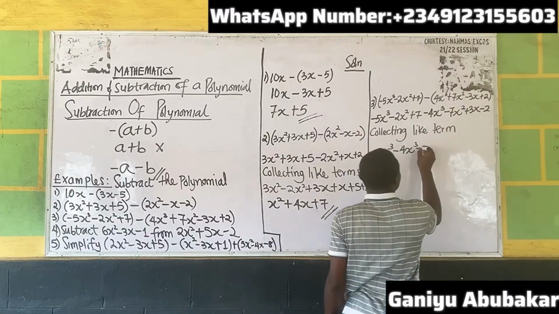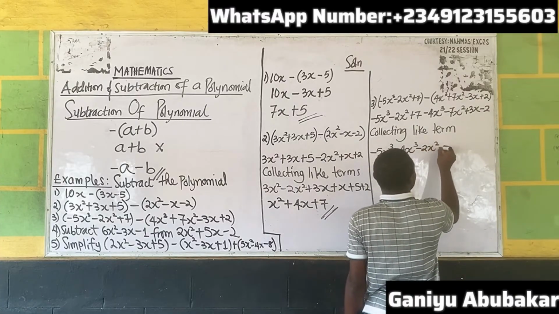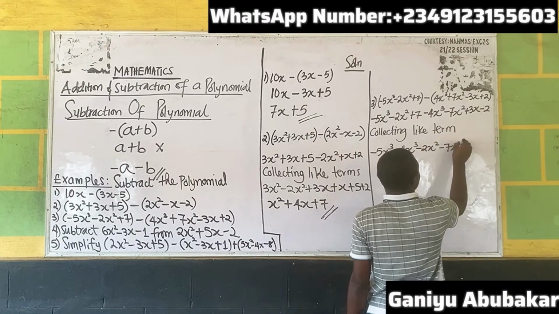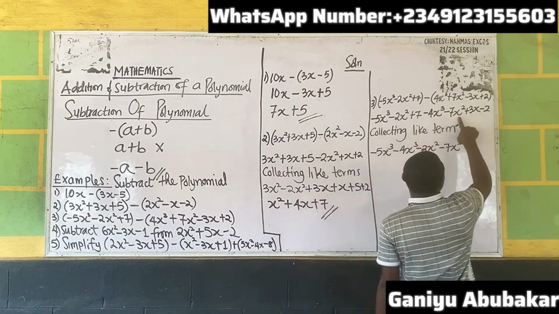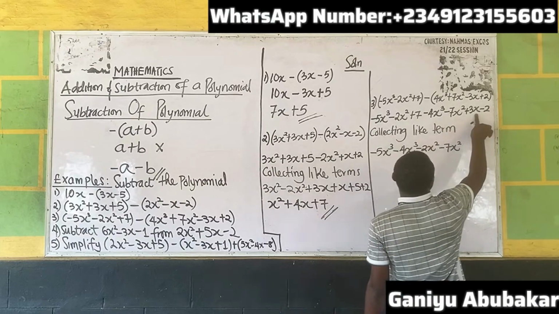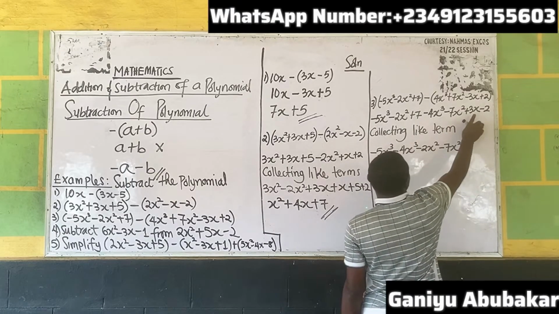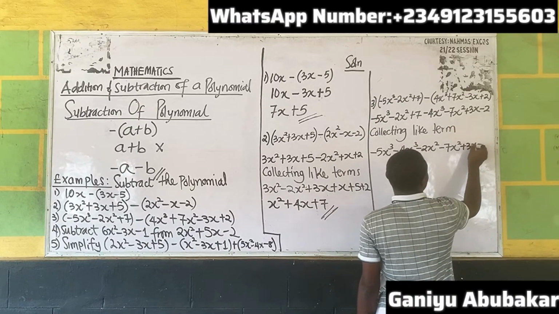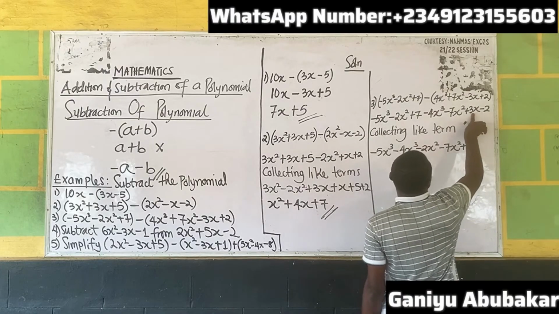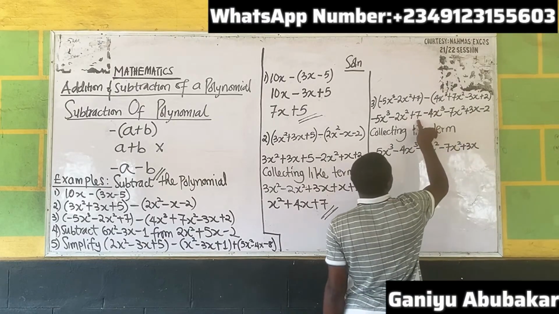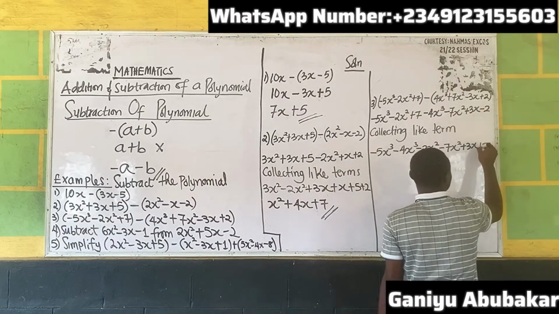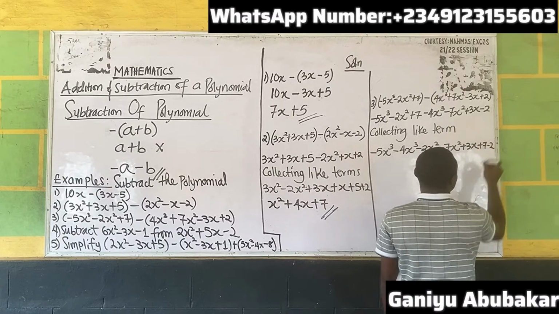That gives you minus 2x squared minus 7x squared. Square and square is done. So we add the x terms, that's plus 3x. Then plus 7 minus 2.